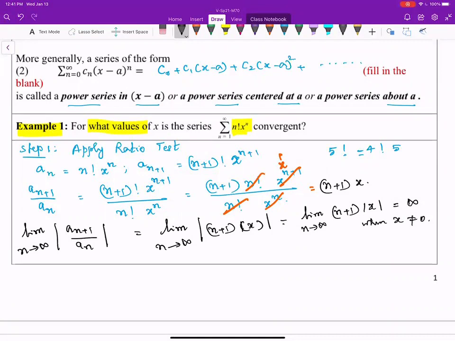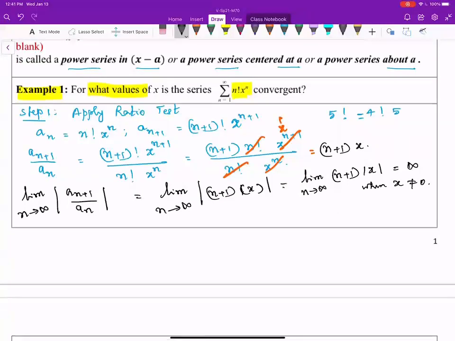The ratio test says that if the limit of a sub n plus 1 over a sub n is L, and if that L is more than 1 or infinity, then the series diverges. So we say that the series diverges here whenever x is not equal to 0.